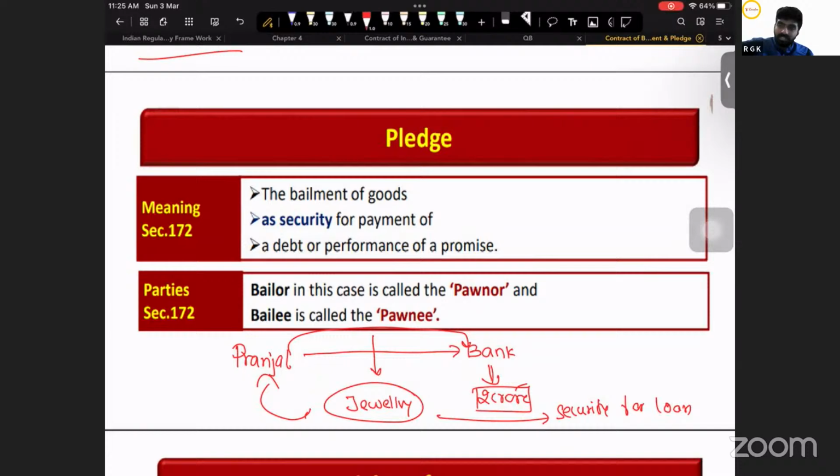So where goods are given as security, either for payment of a debt or for performance of any promise, such a type of bailment is called a pledge. Bailment of goods as security for payment of debt or performance of promise is called a pledge.